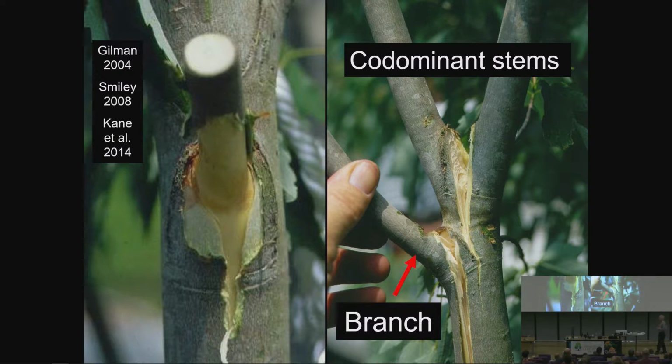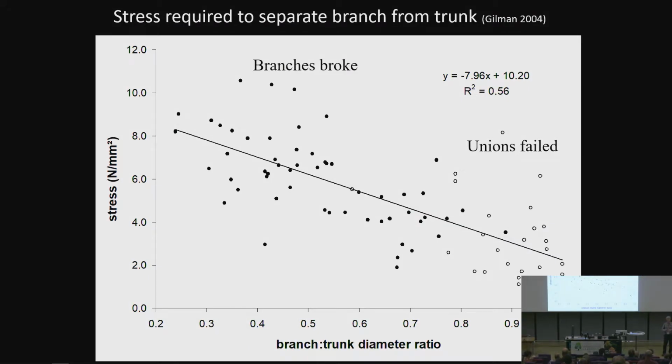So in this particular Acer, the smaller branch on the lower left took, in this case, about twice the mechanical stress to pull that out than to separate the two codominant stems. And you can put a nice graph to this, how you would read this, and this was in the Journal of Arboriculture, as it was called back then.